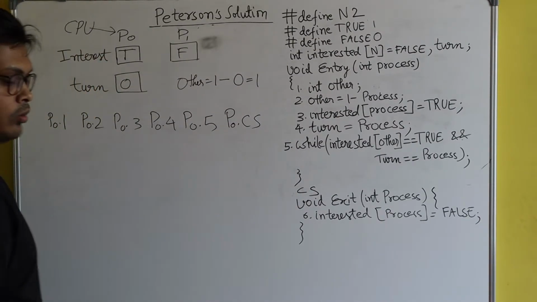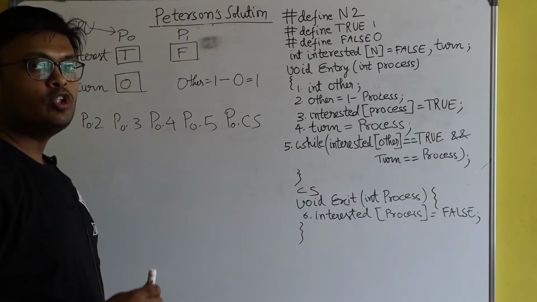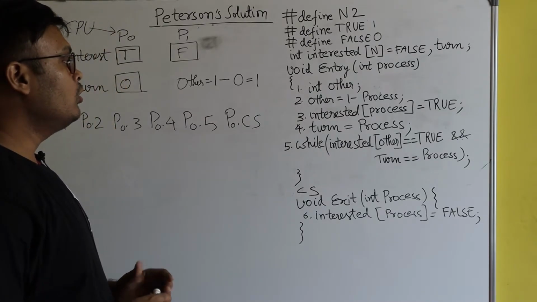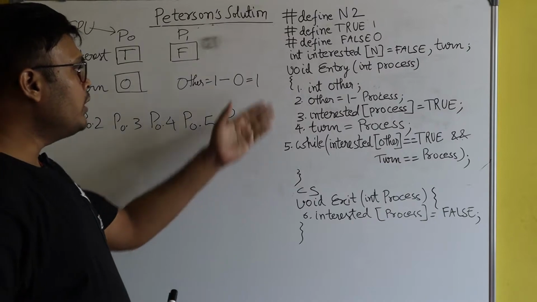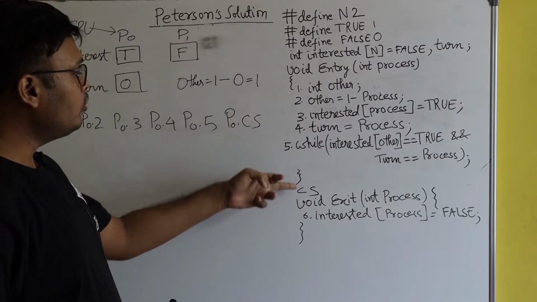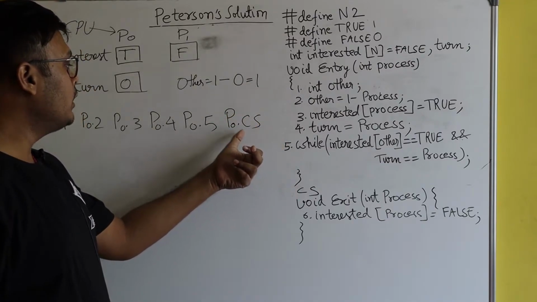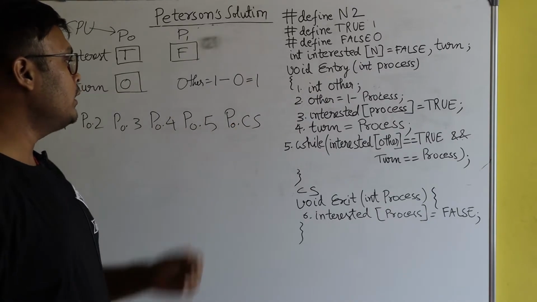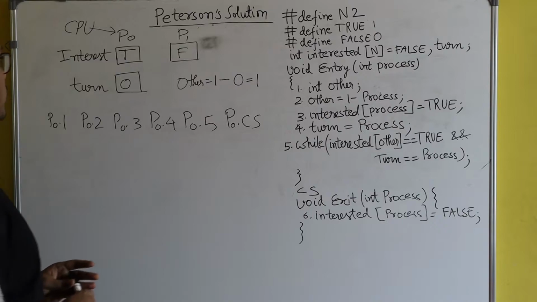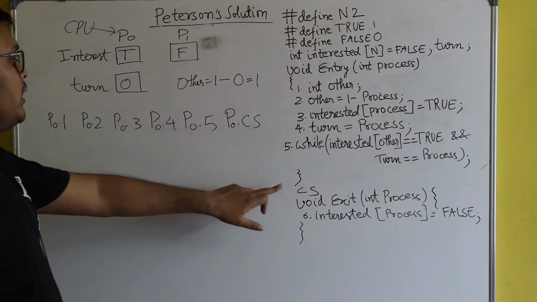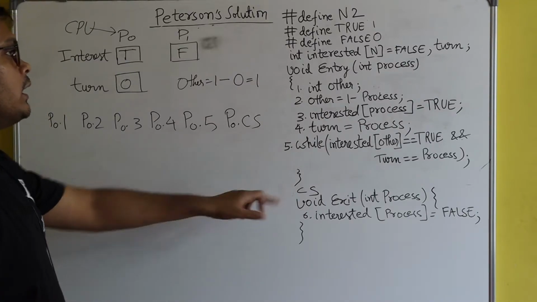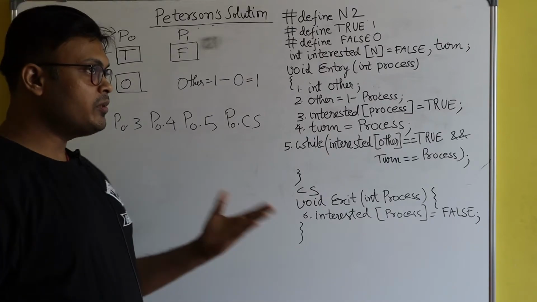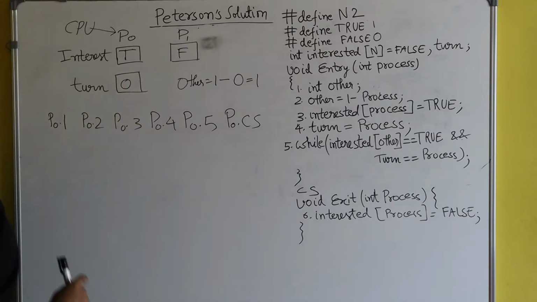Okay. So now we will see whether mutual exclusion is there. For that, we will try to enter P1 into the critical section when P0 is already present there. Okay. So let's see whether mutual exclusion is possible or not. So when P0 is inside the critical section, preemption happened and the CPU is given to process P1.